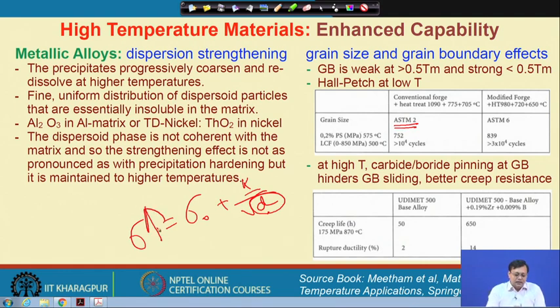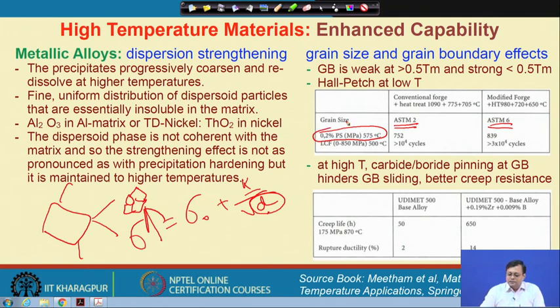ASTM grain size, as an example, larger grains are, let us say, ASTM 2, and the very fine grain is ASTM 8, or ASTM 6. Here we see that the proof stress at 575 degree centigrade is 752, whereas a finer grain size has a higher proof stress at this given temperature. That is good.